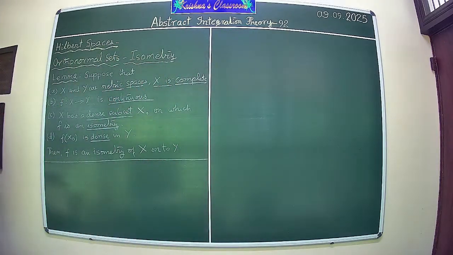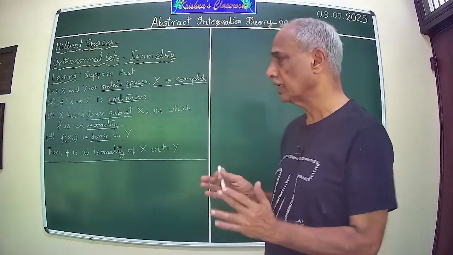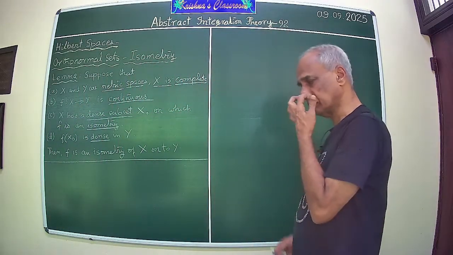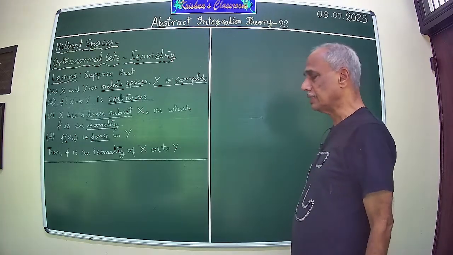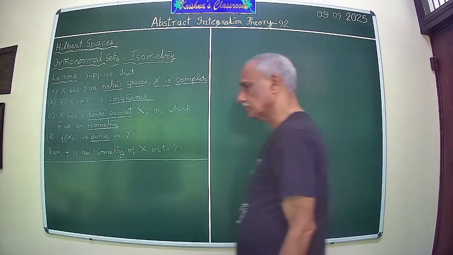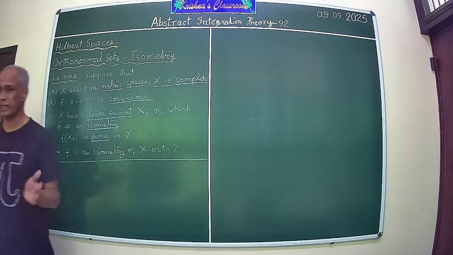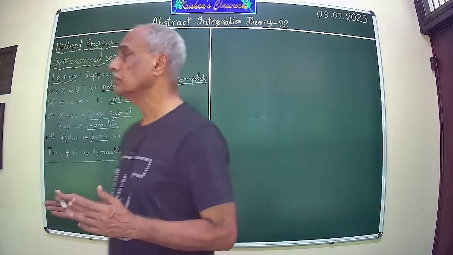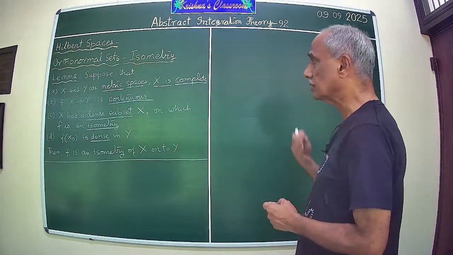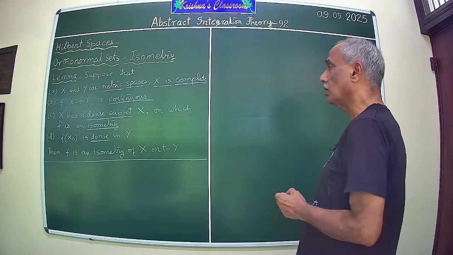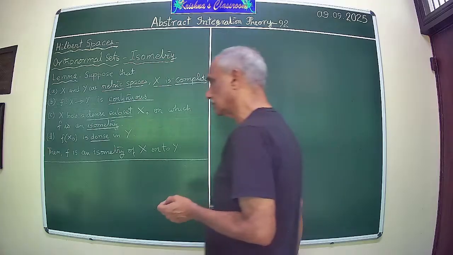In short, what we are going to say is that some subspace of a given Hilbert space is isomorphic to L2, and this isomorphism, which is an isometry, is determined through an orthonormal set of vectors.